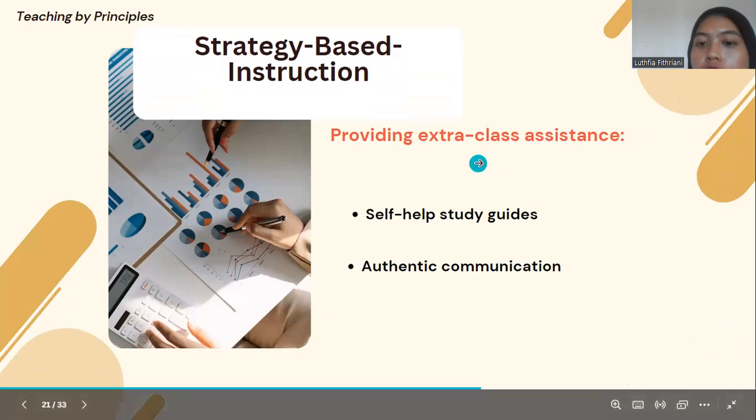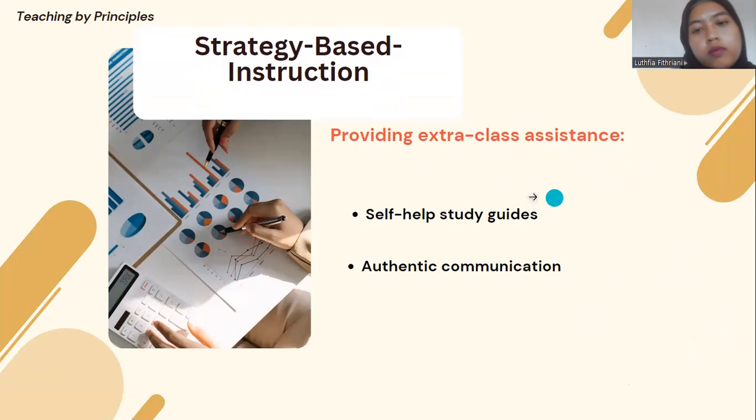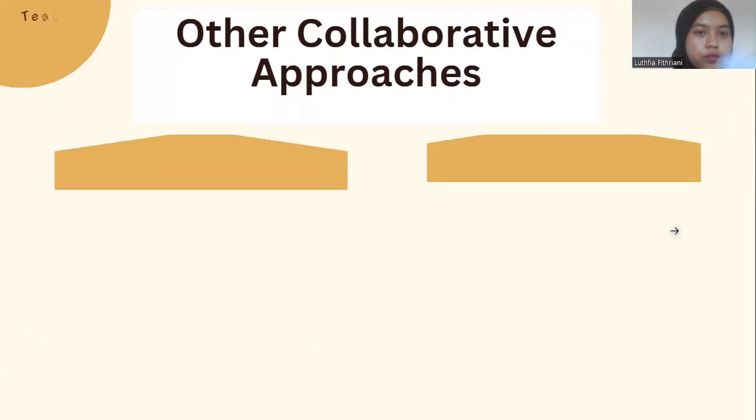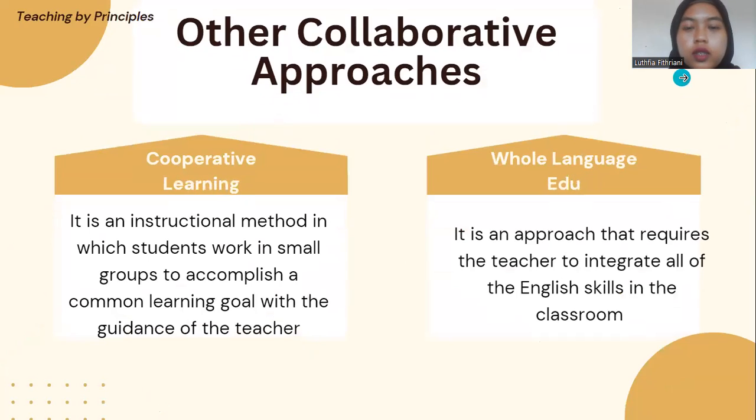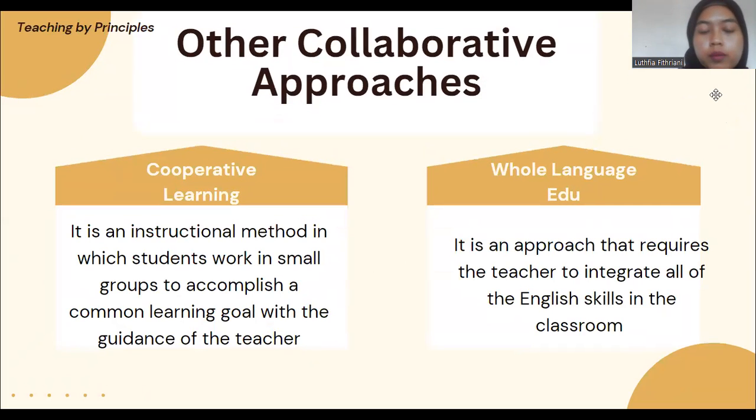The third step is providing extra-class assistance. There are two activities in this step: self-help study guides and authentic communication. And other collaborative approaches: cooperative learning and whole language education.